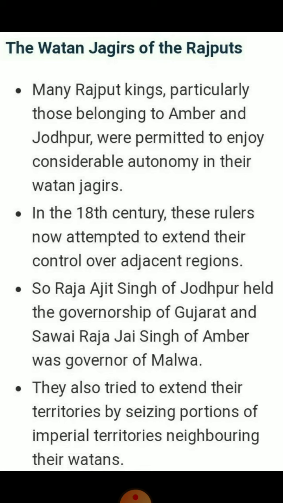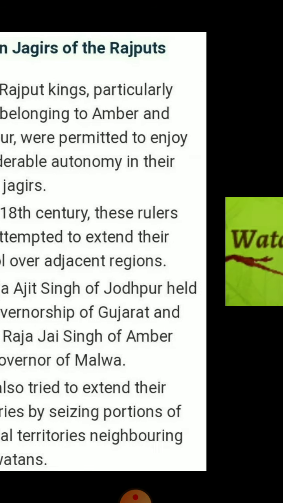The Rajputs had proved their loyalties to the Mughals and were thus given autonomous powers to rule their homeland. In the 18th century, during the decline of the Mughal Empire, these rulers took advantage of the confusion and used their powers and resources to expand their Watan Jagirs.